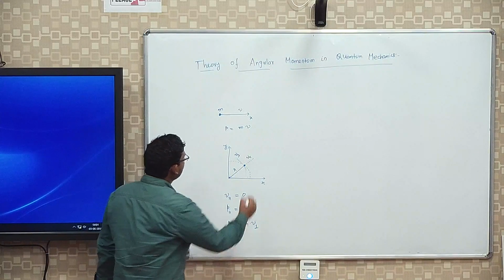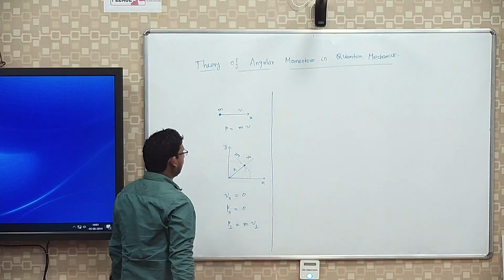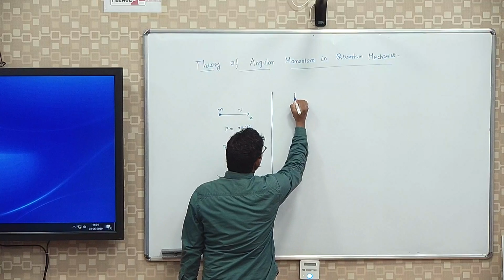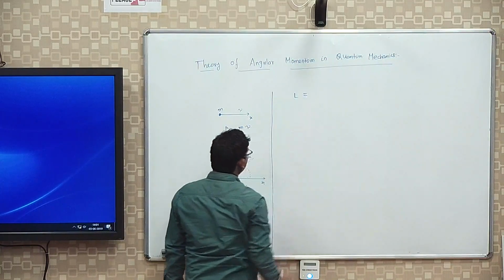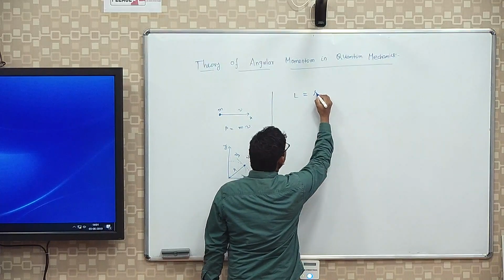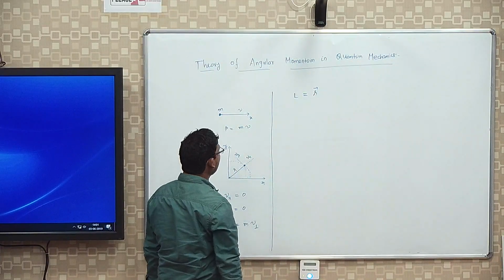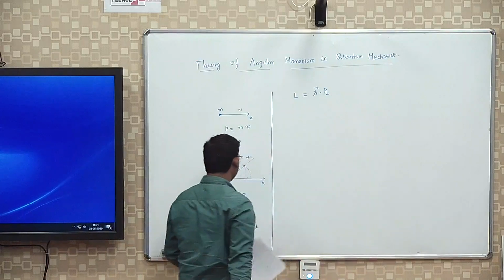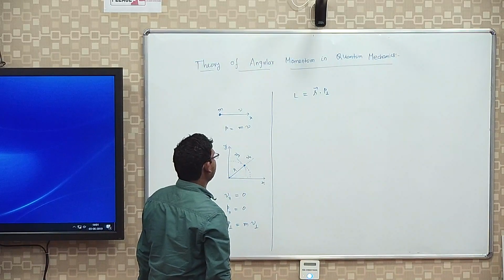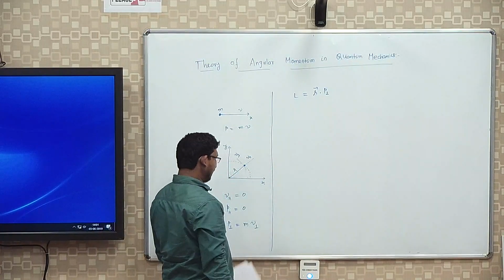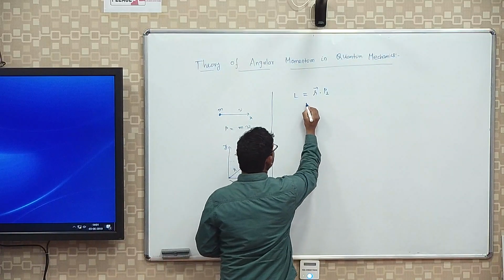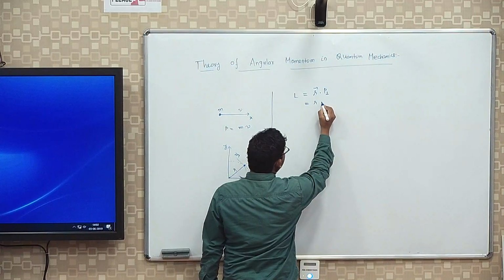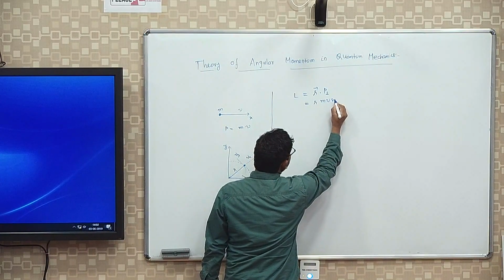For writing the angular momentum of the particle moving in a circular motion of radius r, we can write angular momentum L is equal to the radius of the circular path times the linear momentum in the cross radial component, L equal to r into p perpendicular, or r times m v sin theta.